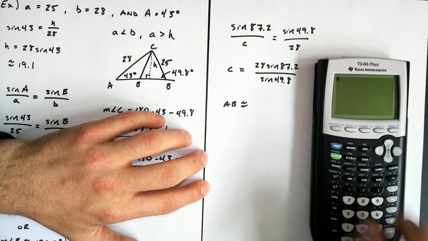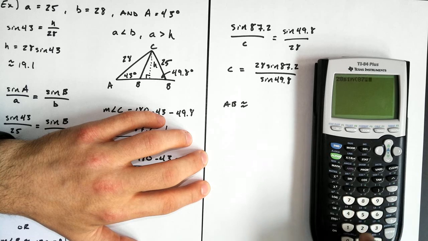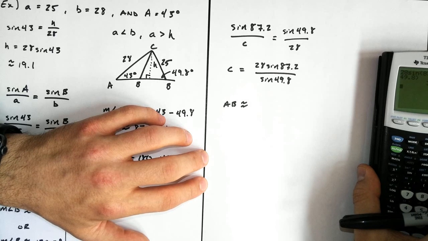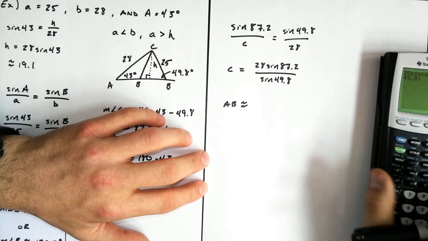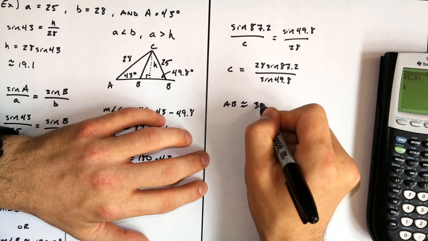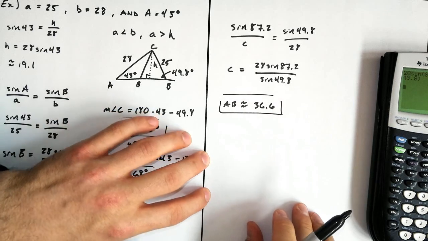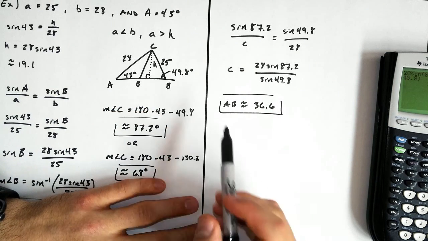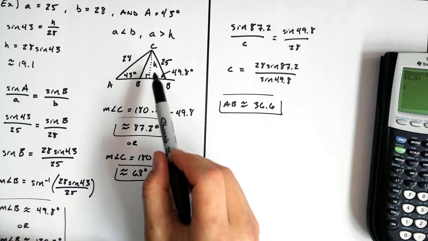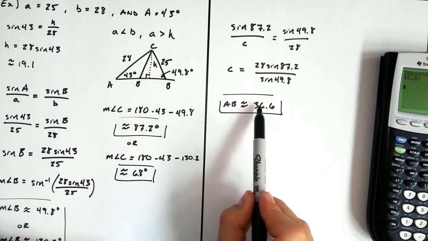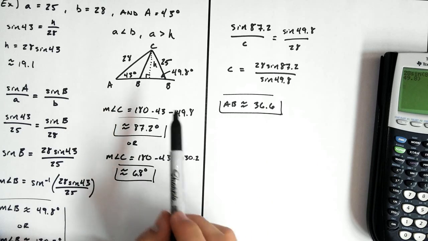And if we type that in, 28 times the sine of 87.2 divided by the sine of 49.8, watch my parentheses there, we get 36.6. Okay, so that one checks out. The 87.2 did end up being the largest of the three angles there, so that means our last side length should be larger than the 28. So that looks good.